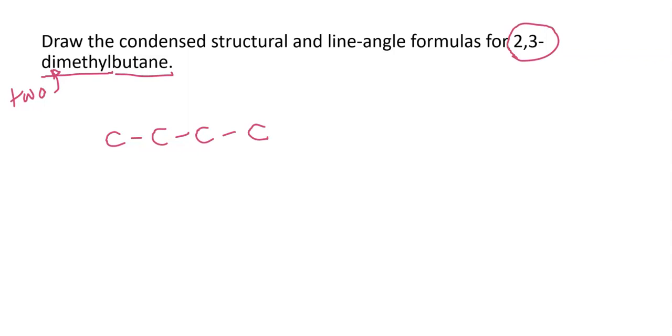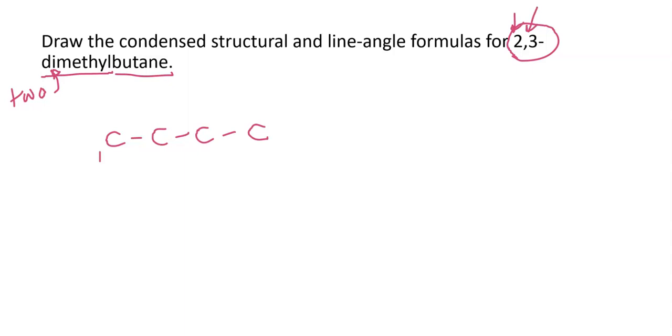When there's a comma, that means there are 2 positions. The 2 positions are always separated by a comma because both of them are methyl groups. It says one methyl is on the second carbon and the other methyl is on the third carbon.